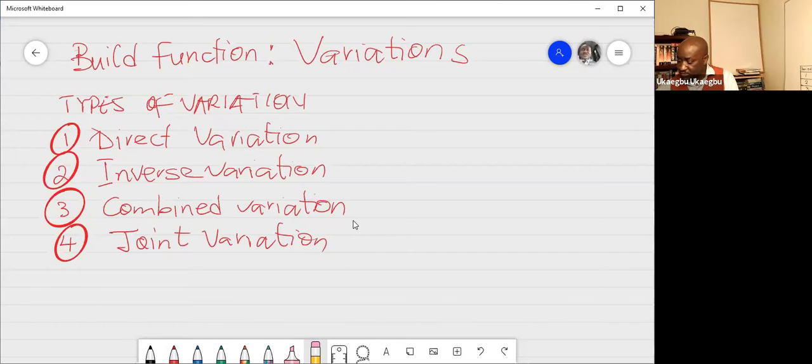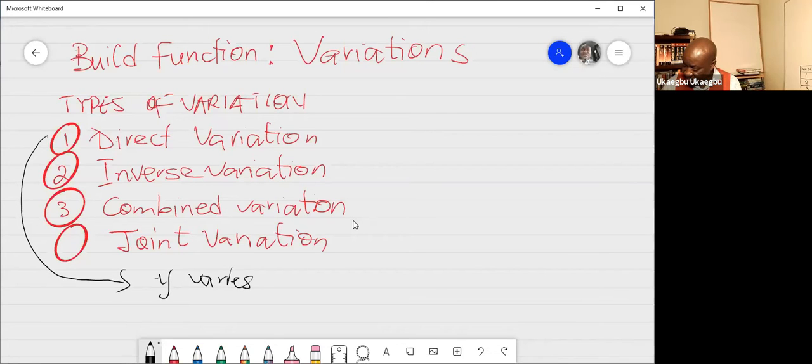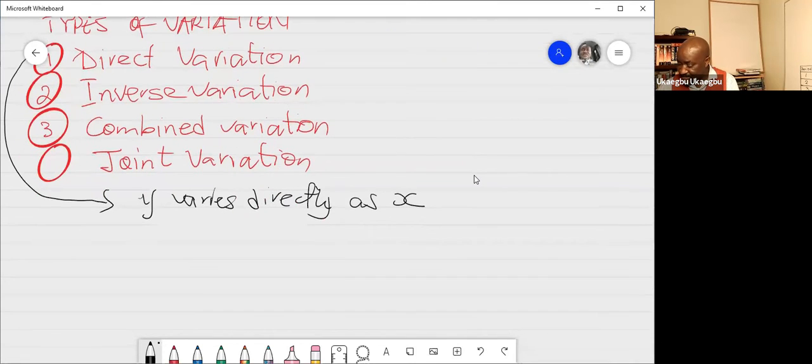So now, for the direct variation, we can say that a quantity y varies directly as x. You can also say that y is directly proportional to x.